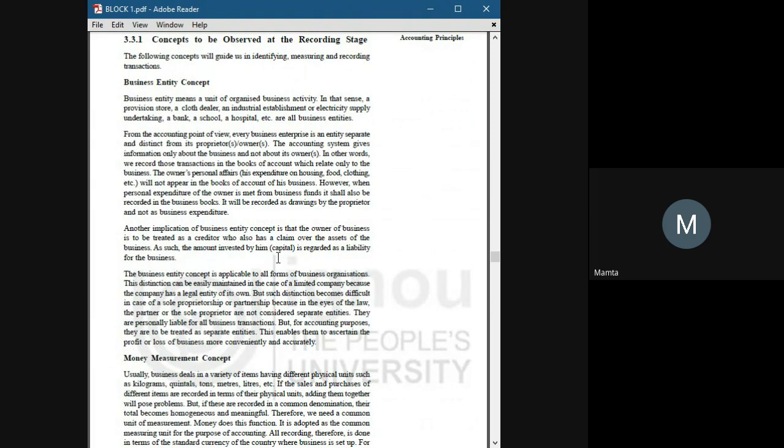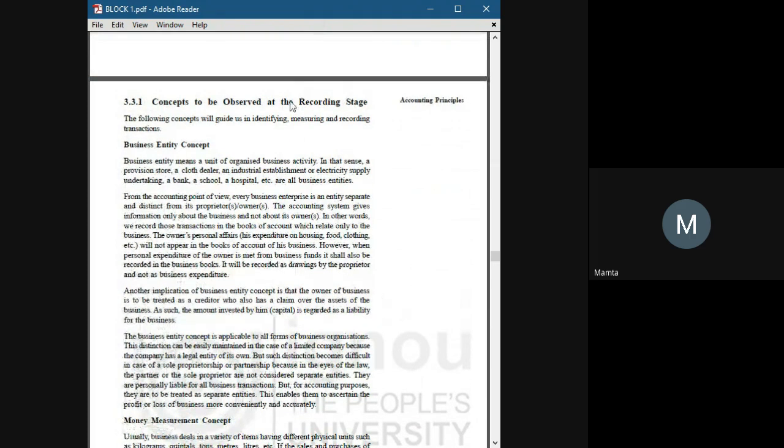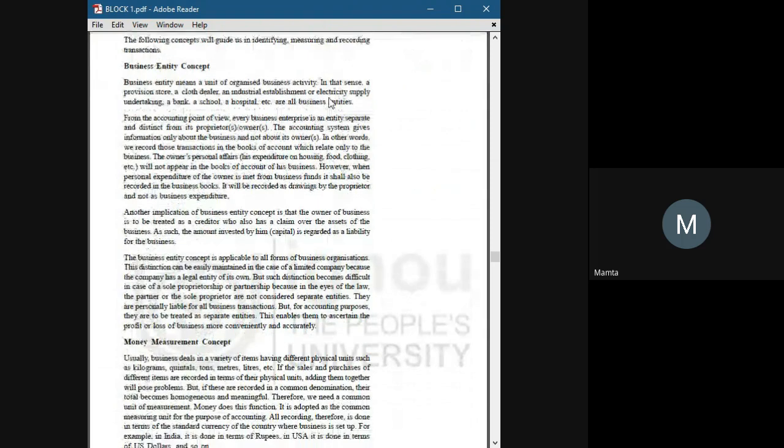Business entity concept. We are doing the accounting principles of recording stage now. What does the business entity concept tell us? It says, like I said earlier, the business and the owner of a company are different things. We should never mix them.